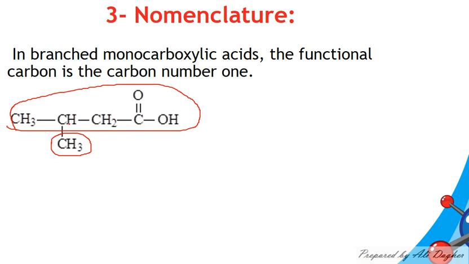The alkane formed of 4 carbon is butane, so the name becomes butanoic acid, and we have methyl on carbon 1, 2, 3. The functional carbon is carbon number 1. 3-methyl butanoic acid is the name of this acid.